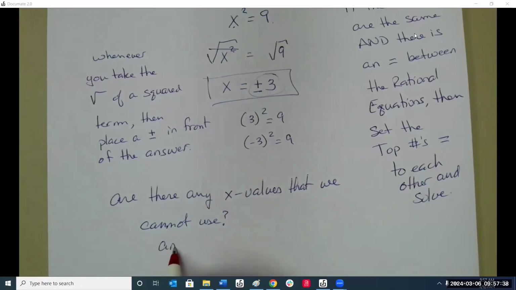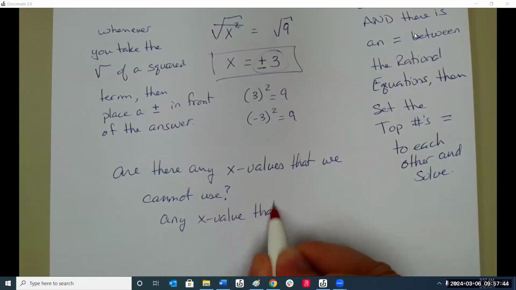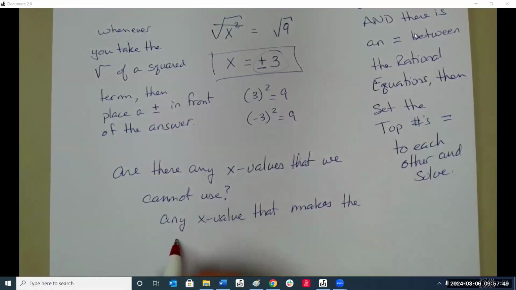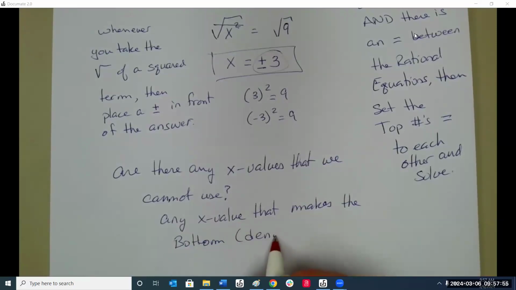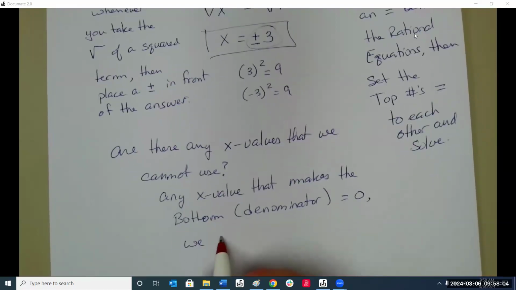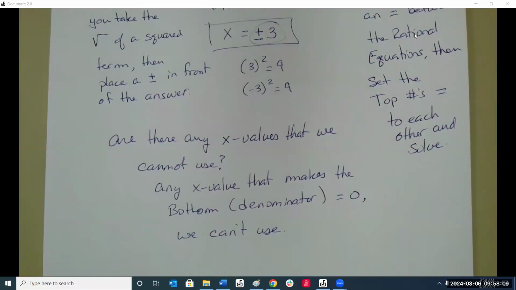So any x value that makes the bottom, which we call the denominator, equal to zero, we can't use. So any x value that makes the bottom equal zero of the original equation, we cannot use.